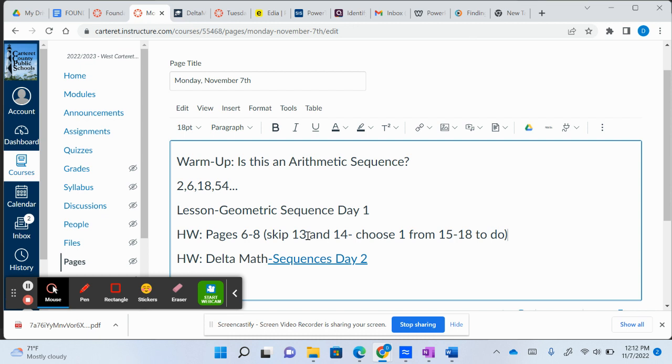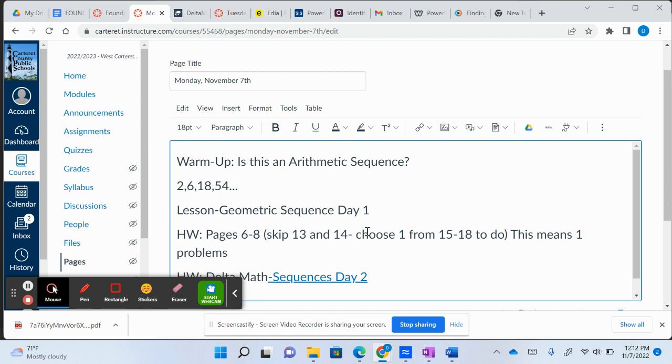You're only doing one problem on that page. One problem on the back page, page 8. That makes sense? This means one problem on page 8. Yes, you may.